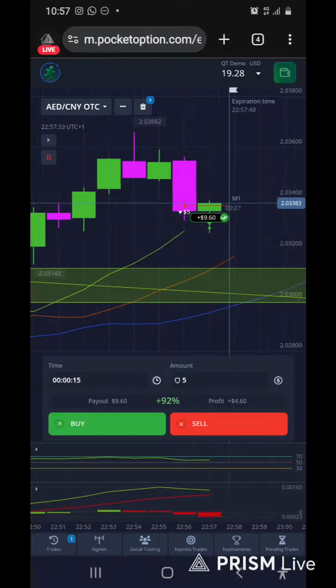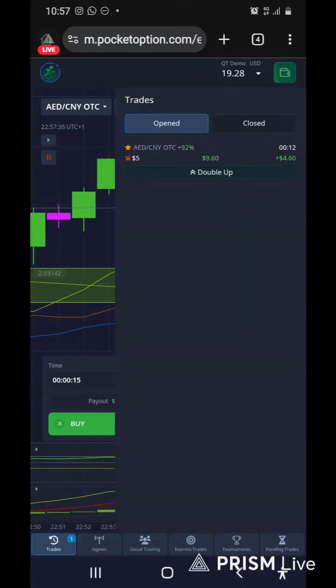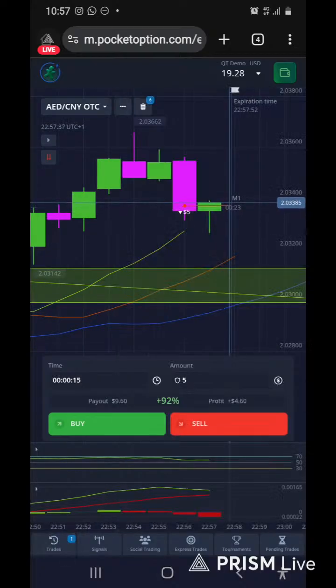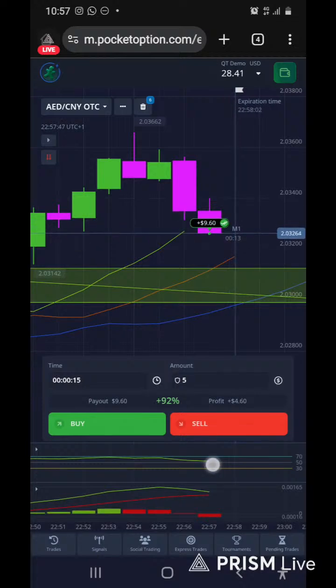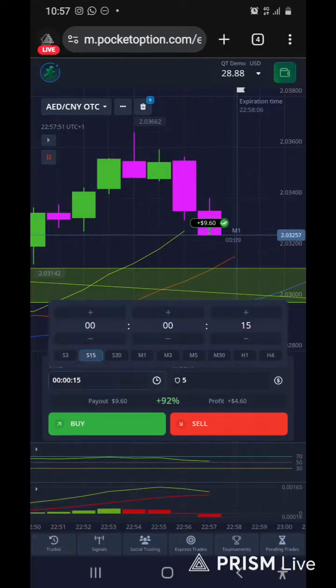So if you see an opportunity, take it. Don't wait. Come on, this trade is supposed to enter now. We're already close to 30, safe. I'll still scalp 5 seconds here.